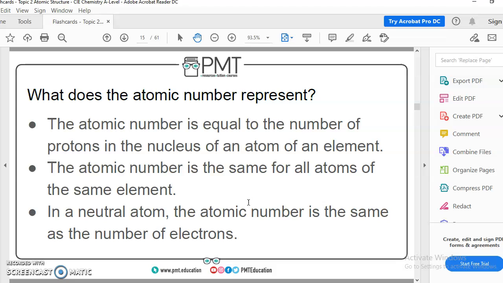If the particles are of the same element, every atom will have the same atomic number, and it is fixed, exact, and cannot be changed. When the atom is neutral, meaning there is no charge on the atom, the atomic number is exactly equal to the number of protons. So the total number of protons is exactly equal to the total number of electrons, and there is overall no charge.